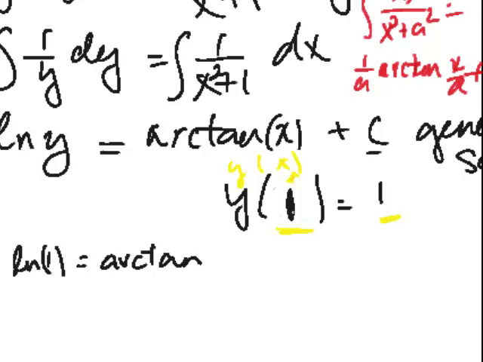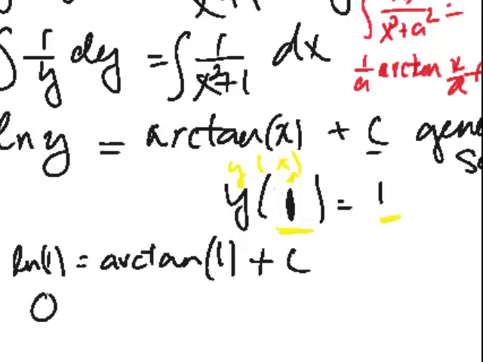I want to take the arctangent of 1, so at that point we would have arctangent of 1 plus c. The beauty of making up a problem is you can change it around a little bit to suit your needs.